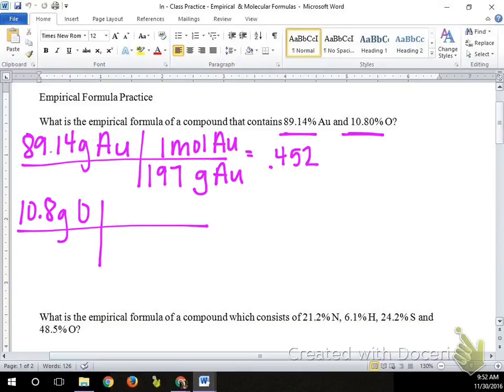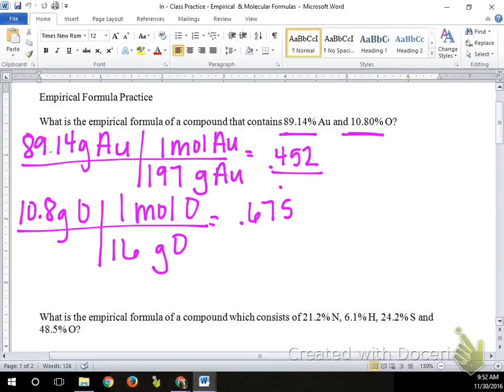Then with oxygen, we want to go from grams of oxygen to moles of oxygen, and oxygen's molar mass is 16. Let's go ahead and divide by our smallest, which is 0.452. Dividing by 0.452 should give us a 1.